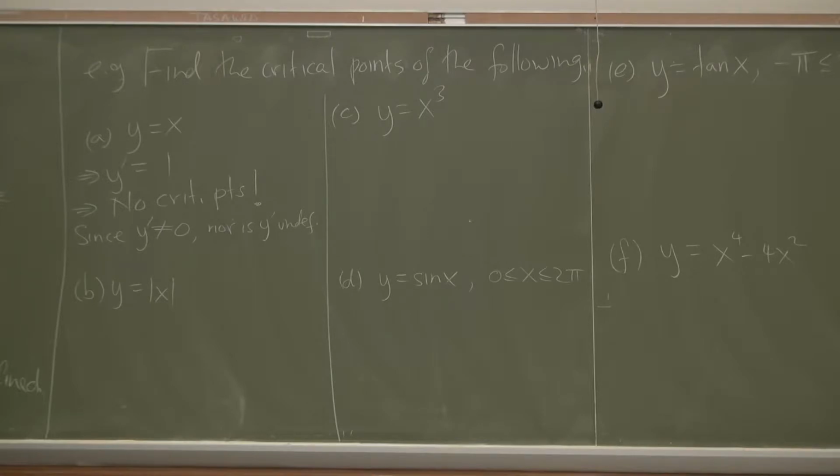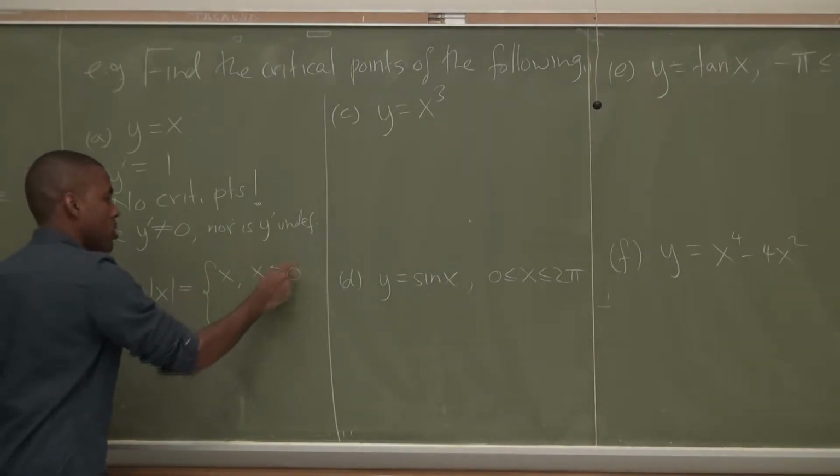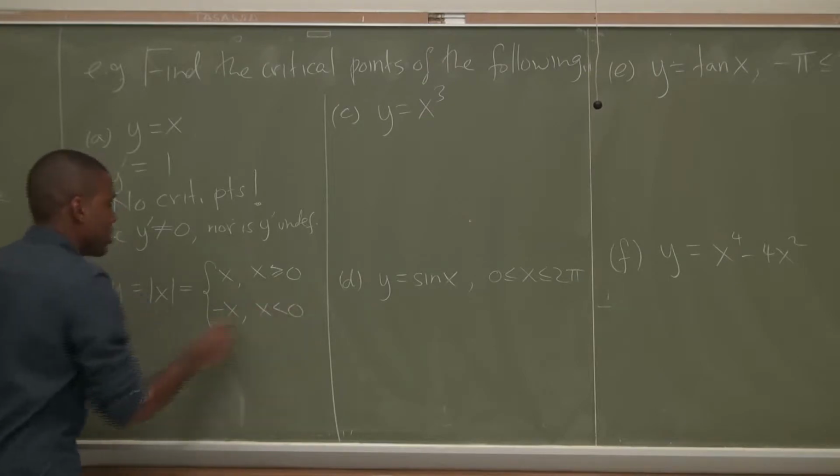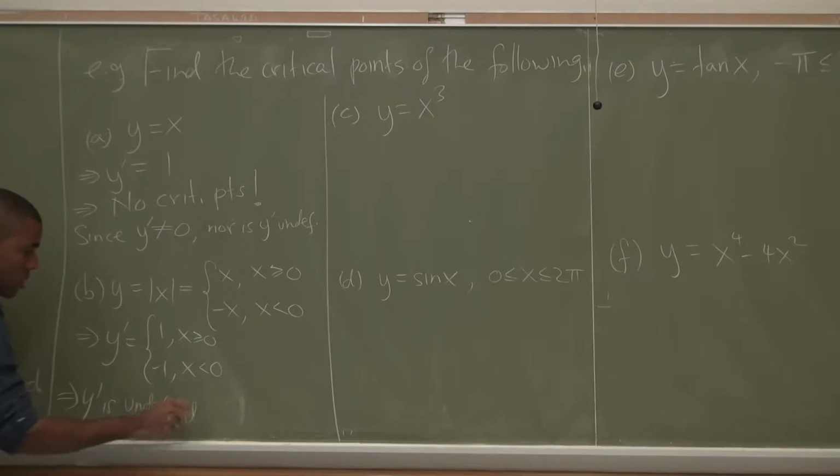What about absolute value of x? At 0 there is a critical point, because remember by definition this is just x if x is greater than or equal to 0, and minus x if x is less than 0. This means that your derivative would be 1 in this case and minus 1 in this case. But that means y prime is undefined.